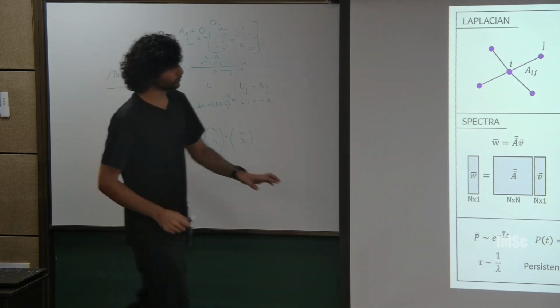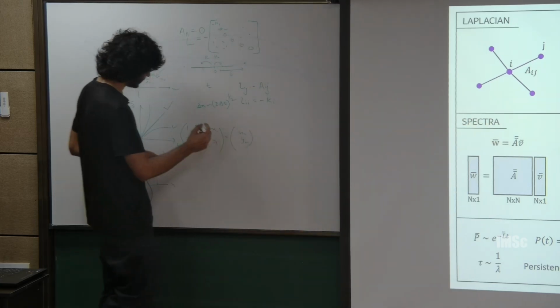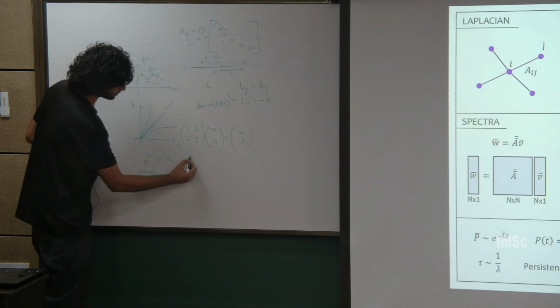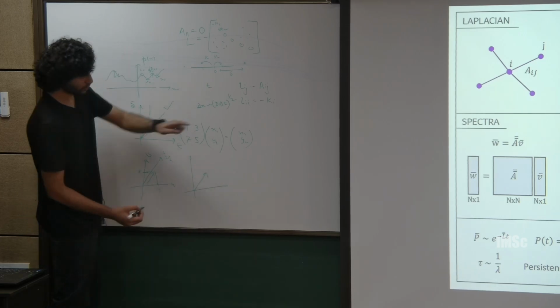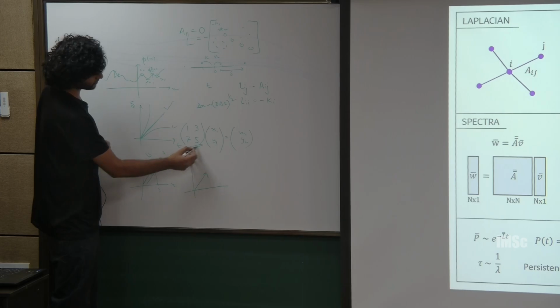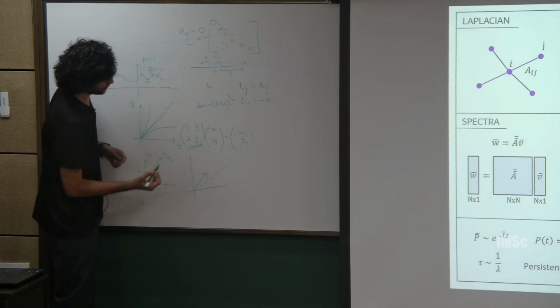So if you want to think about the same operation using eigenvectors, what you can do is take this vector x1, y1 and figure out the eigenvectors of this matrix. Let's say the eigenvectors are along these two directions.